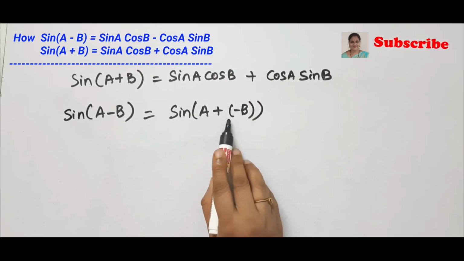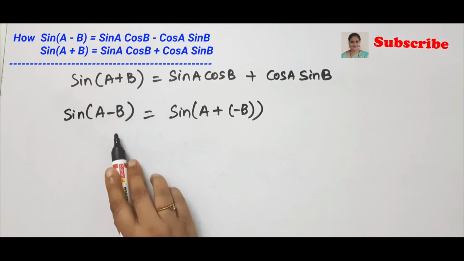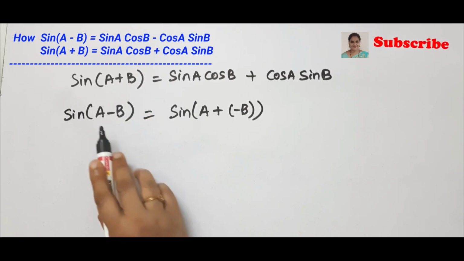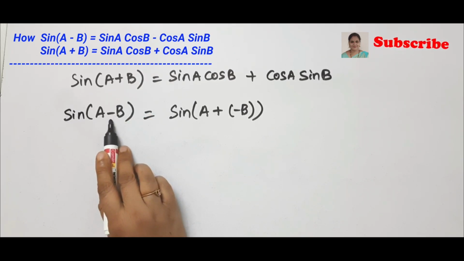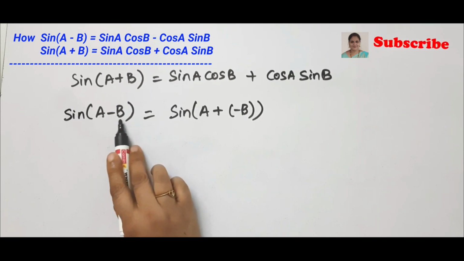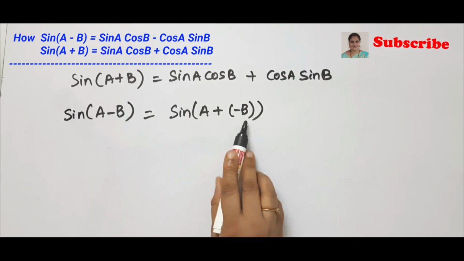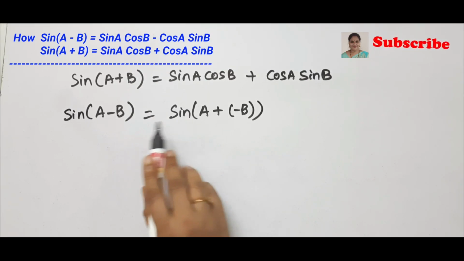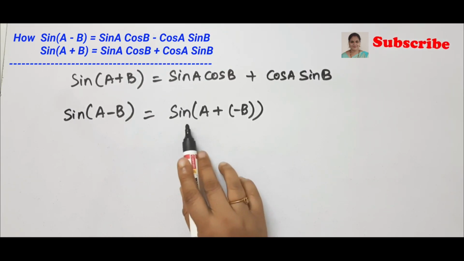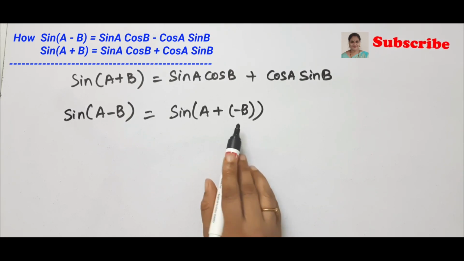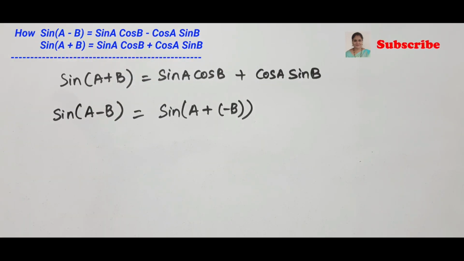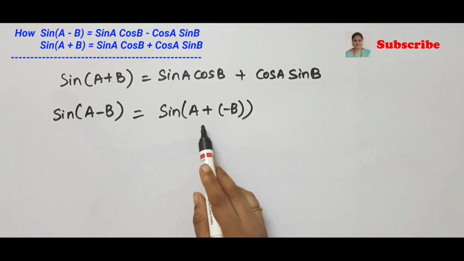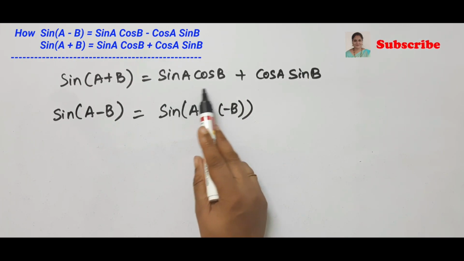Then we will get A minus B. So, using this formula, we need to get the value of sin of A minus B. When you multiply, you will get A minus B only. So both are the same. So sin of A minus B, I expressed as sin of A plus of minus B. Now we have to expand this sin of A minus B using this formula.